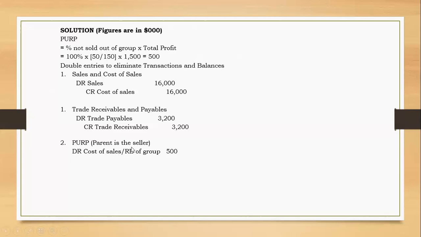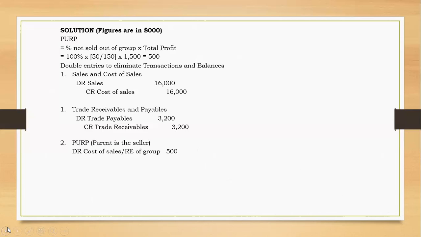But also, in case I was preparing the statement of financial position, I would have debited the retained earnings of the group. Now, note one thing. I would have to debit the retained earnings of the group because the parent is the seller. In the case the subsidiary was the seller, in case it was actually Square that was selling to Pyramid, I would have to apportion it between the group retained earnings as well as the non-controlling interest.